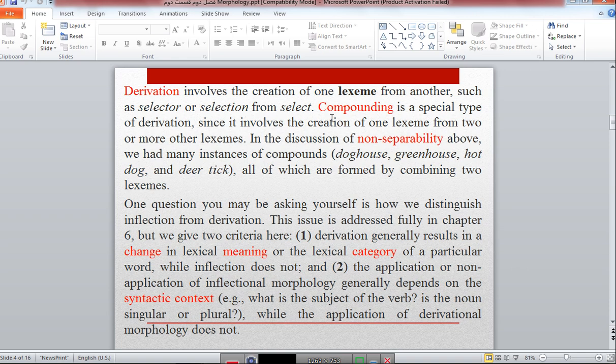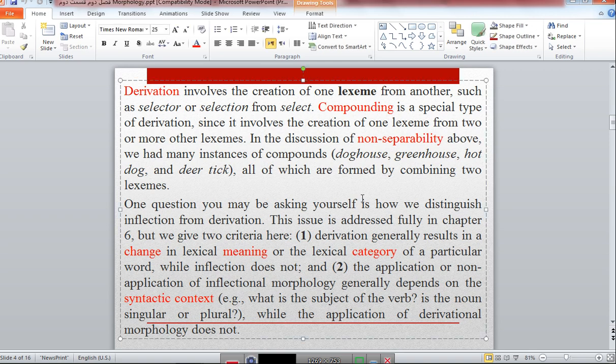In the discussion of non-separability above, we had many instances of compounds, for example, doghouse, greenhouse, hot dog, deer tick, and the other examples, all of which are formed by combining two lexemes. Many processes can be involved with derivation. In the next chapters, I will talk about them.